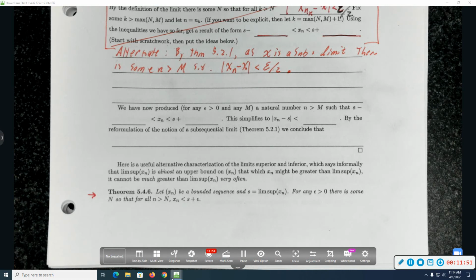Maybe I'll suggest this. There are some absolute values. Let's just get rid of the absolute values. What would this become if you got rid of the absolute values in the way that's correct? X sub n minus x is between negative epsilon over 2 and epsilon over 2. All right, and let's revise the goal also.